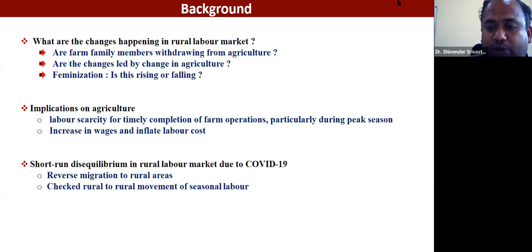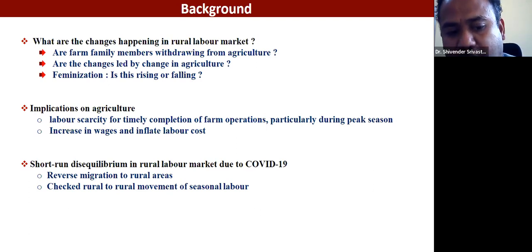Recently, one more point I want to highlight is COVID. You all must have seen how the lockdown affected the labor market. People started going back from urban cities to rural areas, their native places, and there were lots of disruptions in the labor market due to the lockdown and movement restrictions.